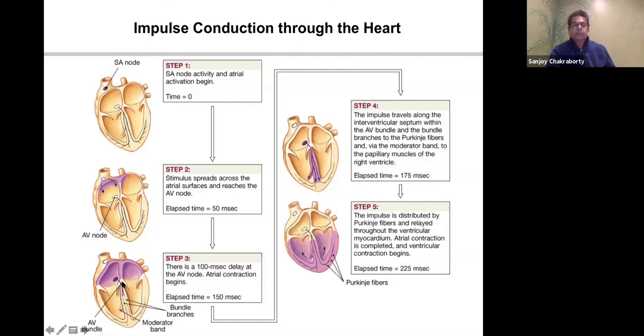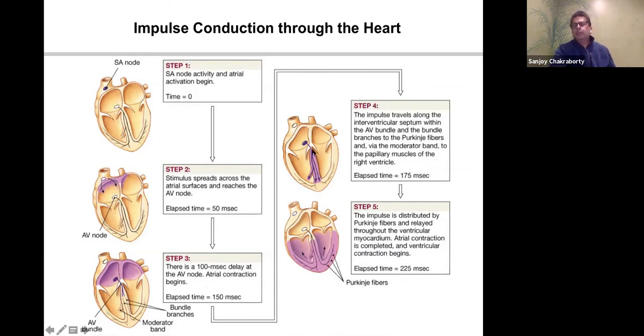So atria wants to complete their contraction before even ventricle begins. So this 100 millisecond delay will be extremely helpful in this case. So they have a physiological advantage here. Midtown Tunnel 100 milliseconds delay, 100 hours delay has no physiological advantage, but here we have a physiological advantage.